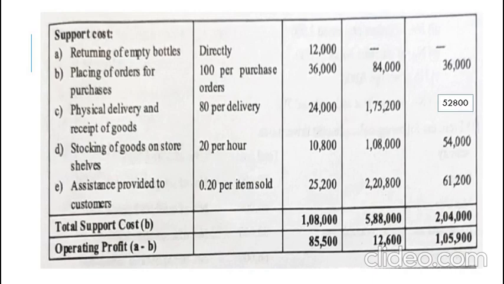From gross profit we subtract the total support cost, and we get operating profit: for soft drinks 85,500, for fresh juice 12,600, and for packed food 1,05,900.